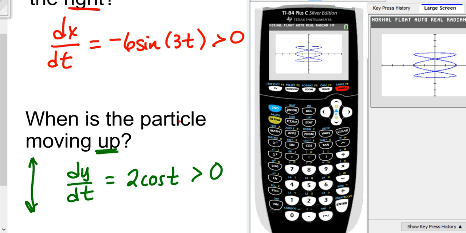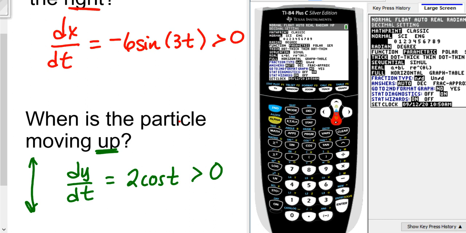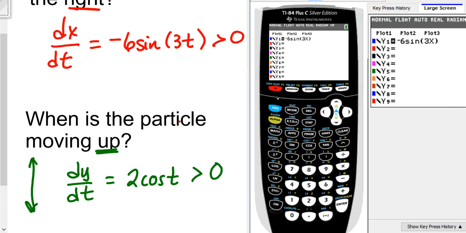To solve the problem that we're actually on though, I don't want to be in parametric mode. And this is something that students often forget. Just because the question is parametric doesn't mean you necessarily want to solve it in a parametric way. Right now, what we're looking for is where this red equation is positive. And that's a question about a function. Is this function positive? Is this function negative?